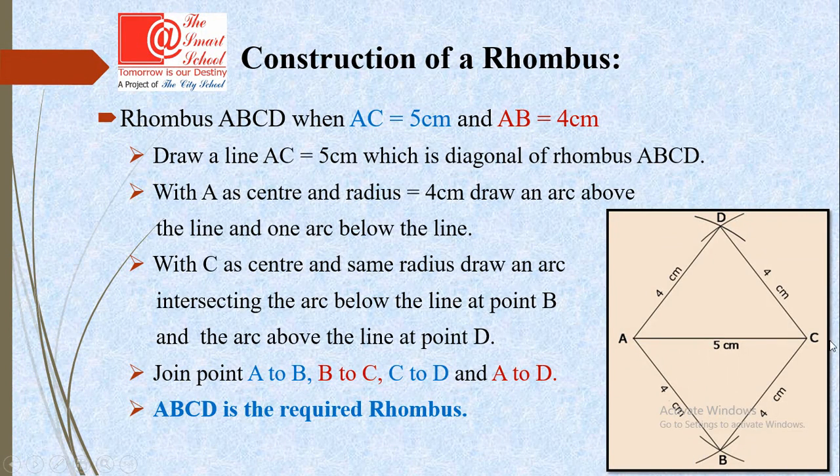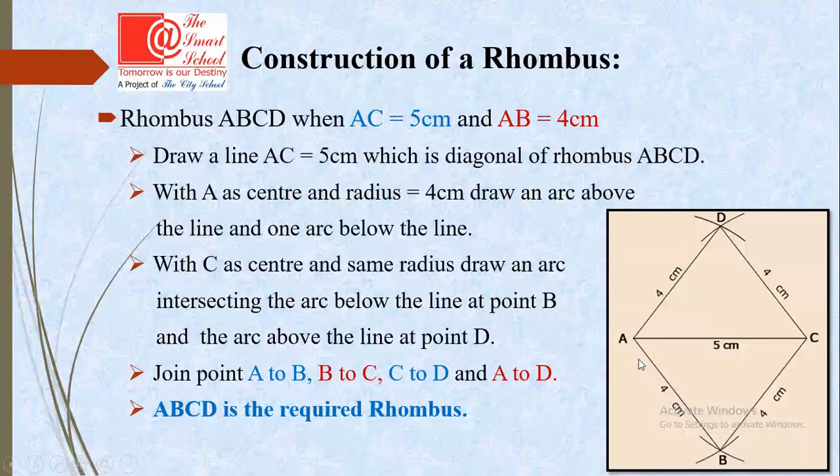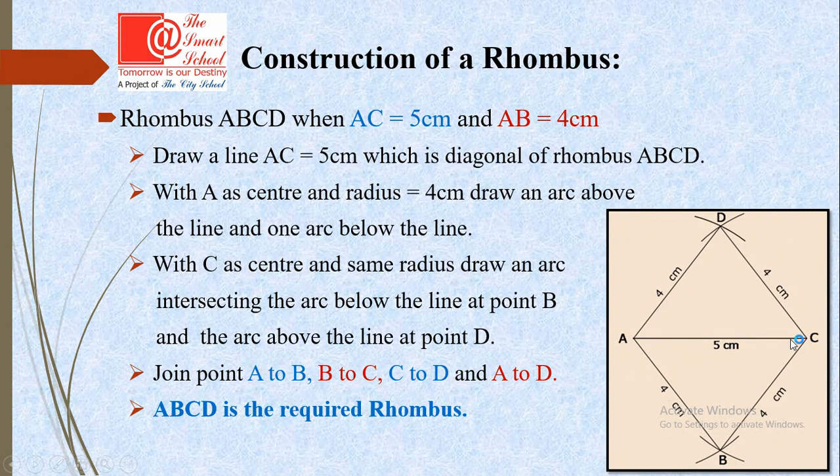Then with the same opening, put the compass at point C and intersect the first arc above the line and intersect the first arc below the line. And here it is called point D, and this is point B. Now join A to B, B to C, C to D, and A to D. So ABCD is the required rhombus.